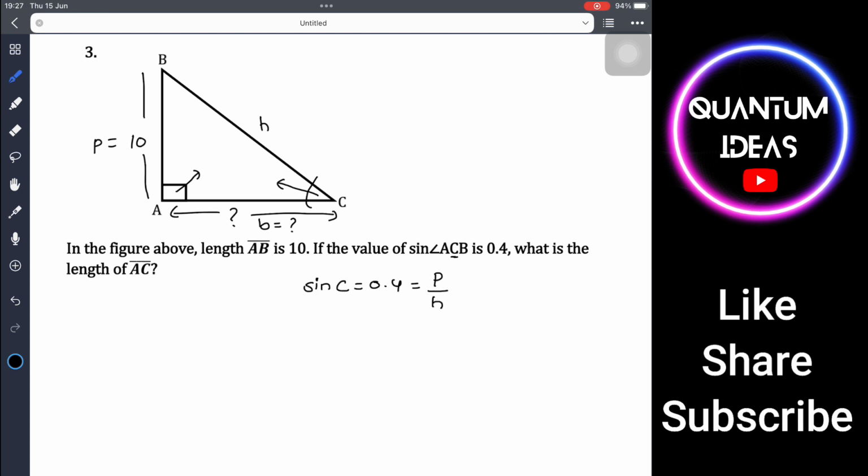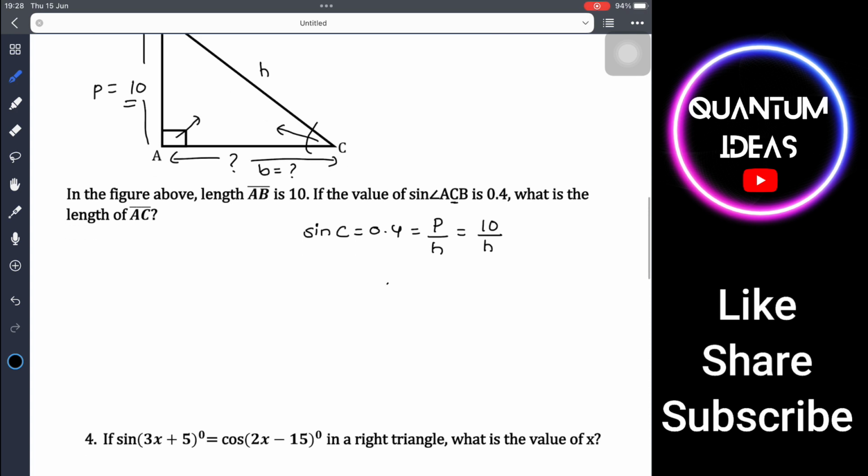The perpendicular is given as 10, divided by the hypotenuse. So 0.4 is equal to 10 over hypotenuse, so the hypotenuse will be 10 over 0.4, which is equal to 25.